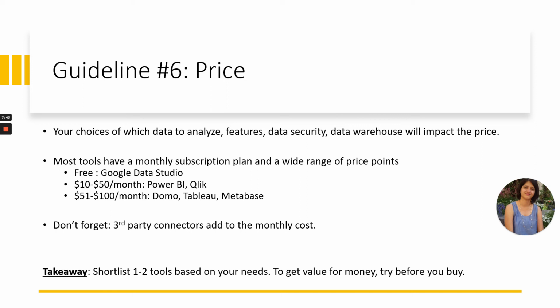So most tools have a monthly subscription plan, and they come in really a wide range of price points. You start from absolutely free, which is Google Data Studio. Then you have the tools which are in the $10 to $50 a month range. So that's Power BI and Qlik. And then you have the higher price bracket, which goes up to $100 a month, and that's Domo, Tableau, Metabase.